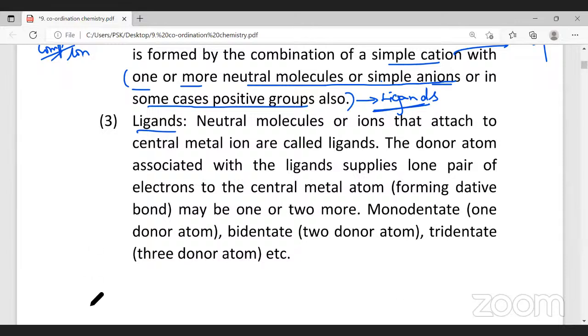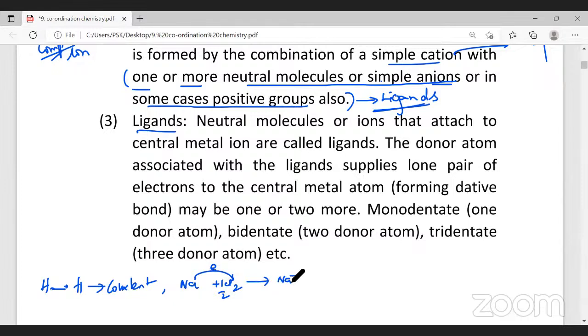Now, to form a bond, we need 2 electrons. If I take a hydrogen molecule, each hydrogen atom has 1 electron. When these electrons are shared, the bond formed is called covalent. If I take sodium and chlorine and allow them to react, sodium gives 1 electron to chlorine.